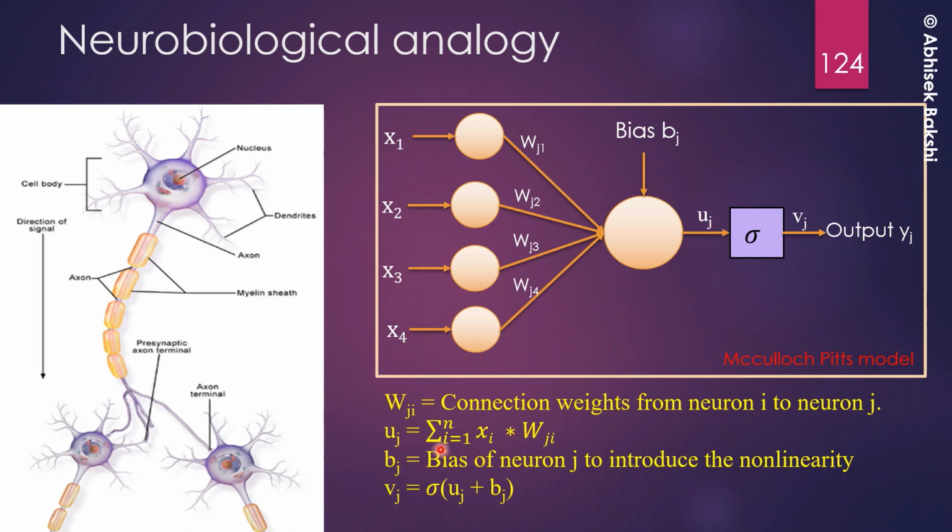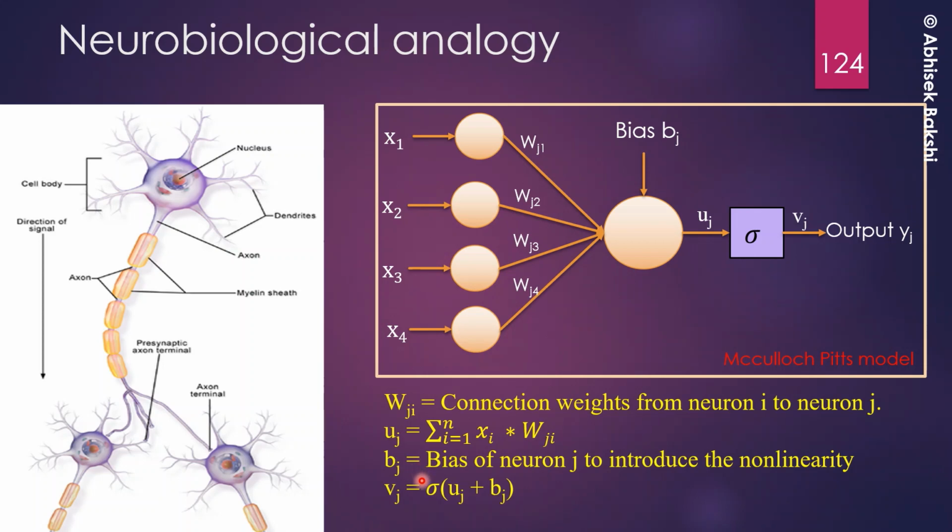This uj I have written in this way. It's simply a summation of multiplications between xi and wji, that means this input and the corresponding weight. Depending on the weight value, definitely the importance of xi will be adjusted accordingly.